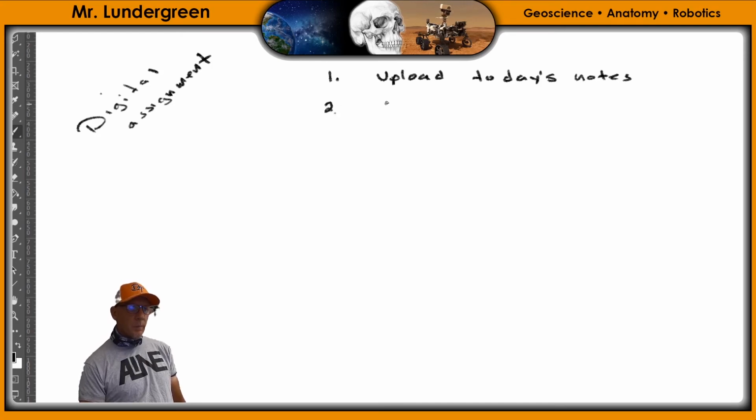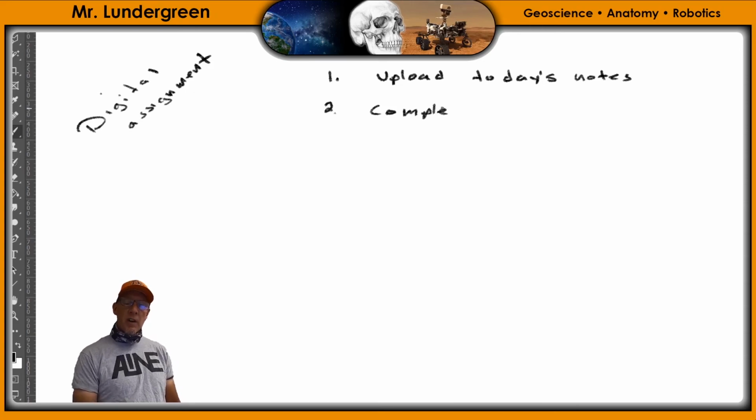Number 2, you're going to complete the attached Google Doc, which is the observation versus inference quiz. So you're going to complete that, and then you're going to upload it. So I'll say complete and upload the quiz.